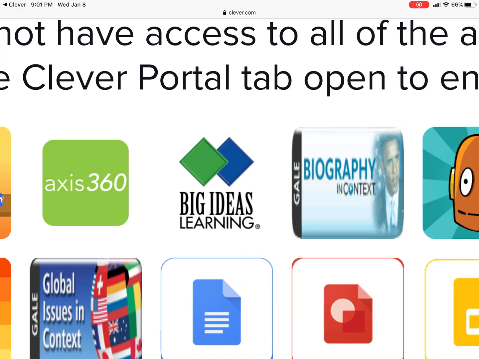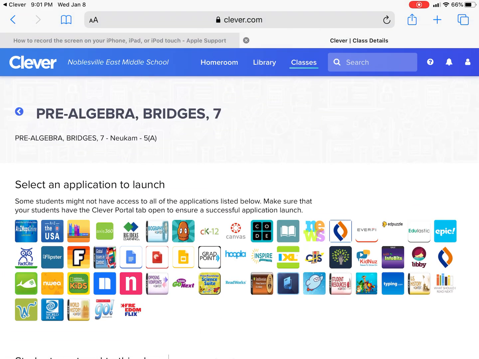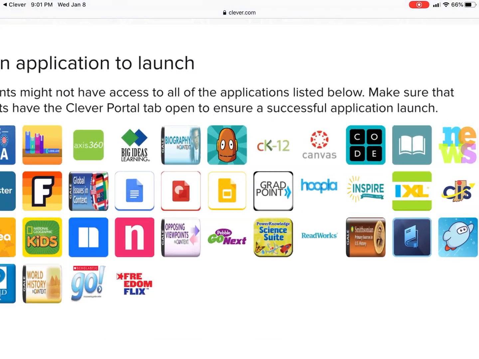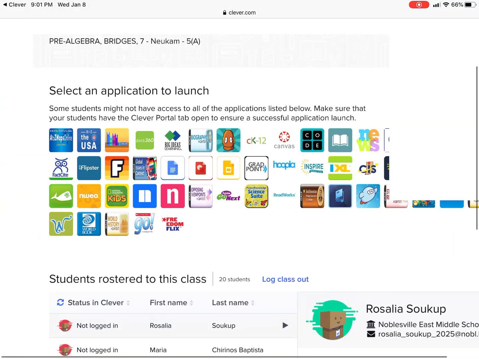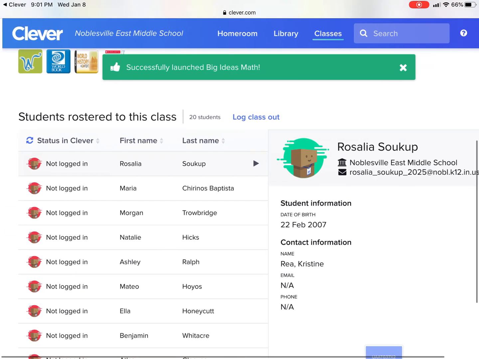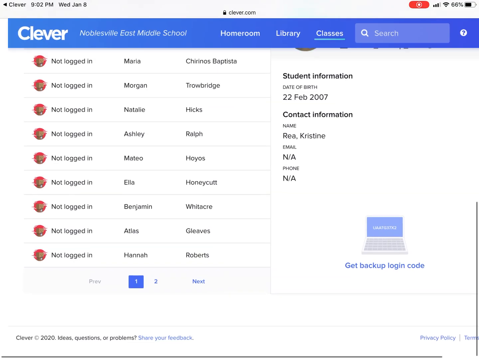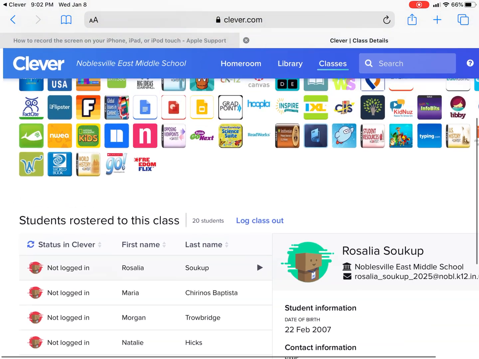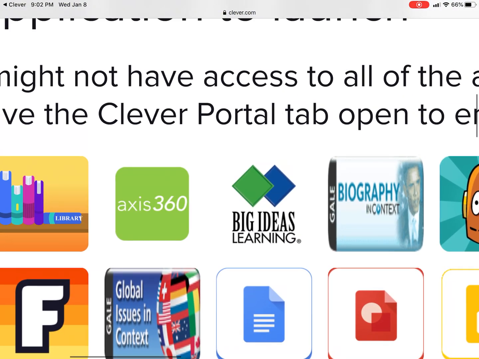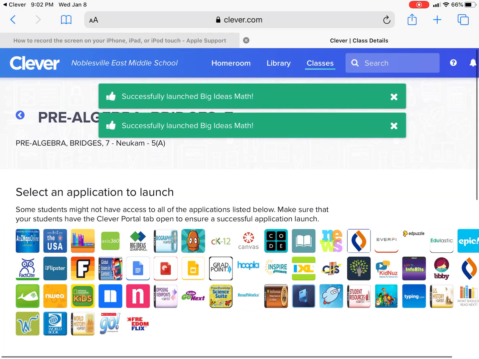When you do that, it should bring you into your pre-algebra class. You might need to refresh it. Oh, there's all your names. It says you haven't all logged in, so it's a good thing I'm doing this. Let's see if it lets me choose. Okay, it says successfully launched.